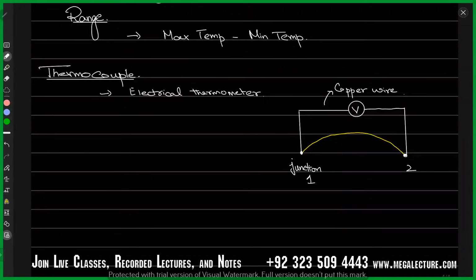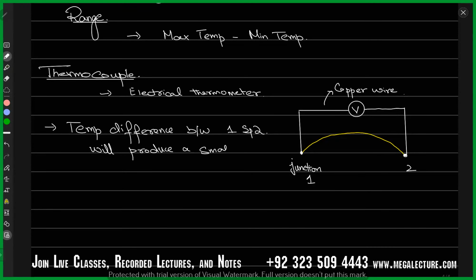That is to say that the temperature difference between these two junctions, between 1 and 2, will produce a small amount of voltage, which would be recorded in the potential difference measuring device.